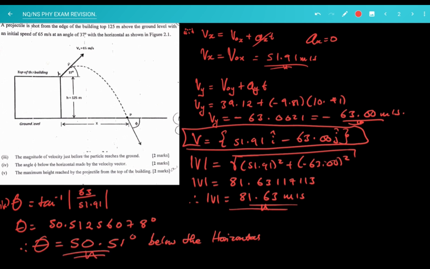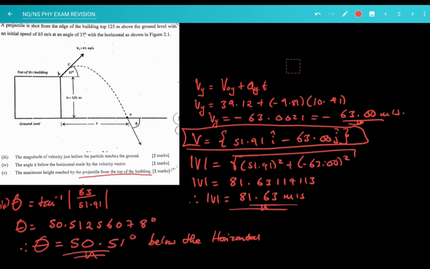Now we are asked to determine the maximum height reached by the projectile from the top of the building. So determining the maximum height, we always use one simple formula.